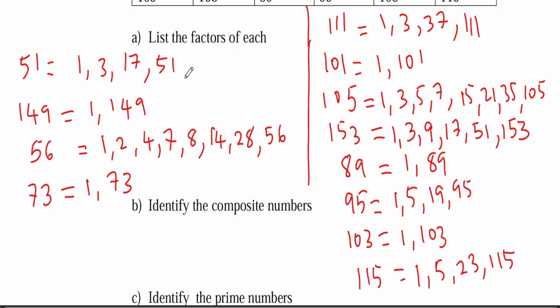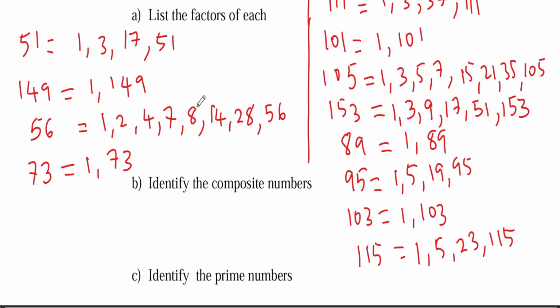You've been told to identify the composite numbers. Those are numbers that have more than 2 factors.